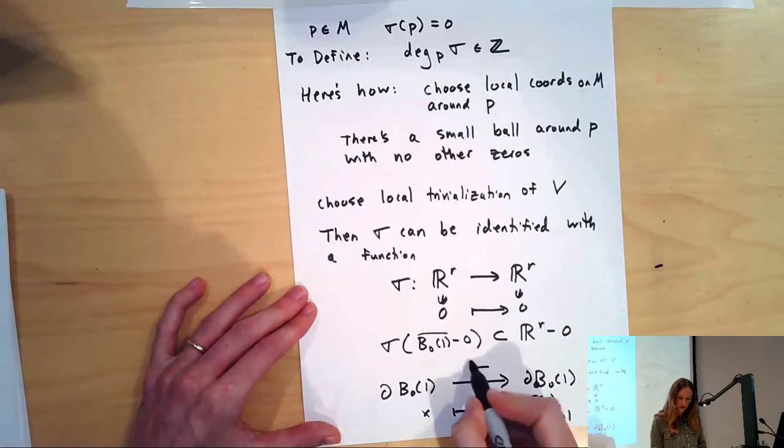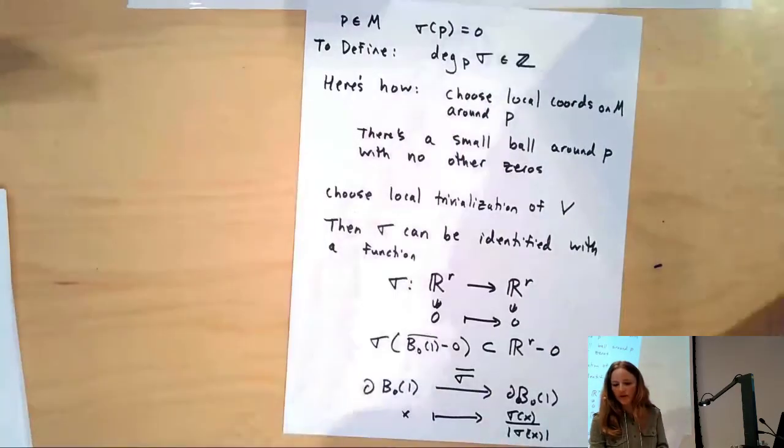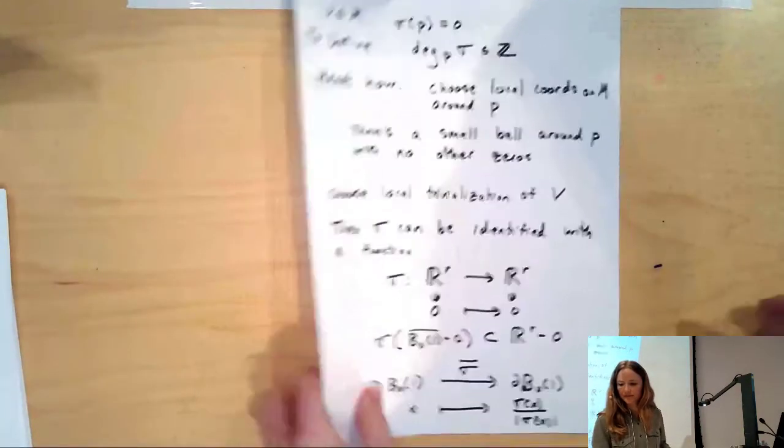And we can call this function sigma bar as well. And then we can define our local index or degree to be the degree of this function. So with the orientations, this looks like a sphere, and we can canonically identify it with a sphere.